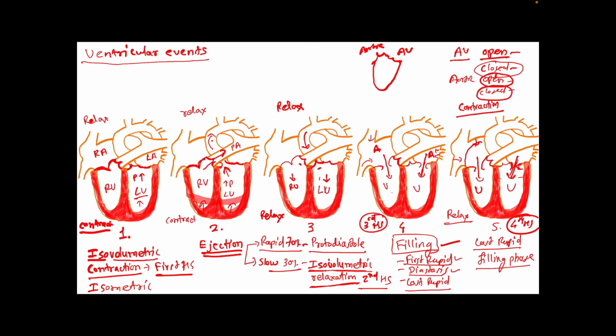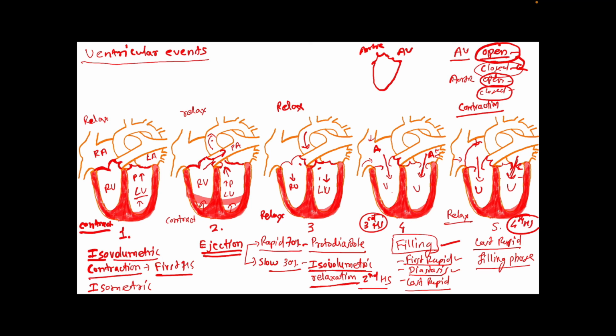Then again during the filling phase, there is opening of the atrioventricular valve, and at the end of the last rapid filling phase, there is closure of the atrioventricular valve. So there is opening of the AV valve, closure of the AV valve, opening of the semilunar valve, closure of the semilunar valve. That's how this cardiac cycle operates.